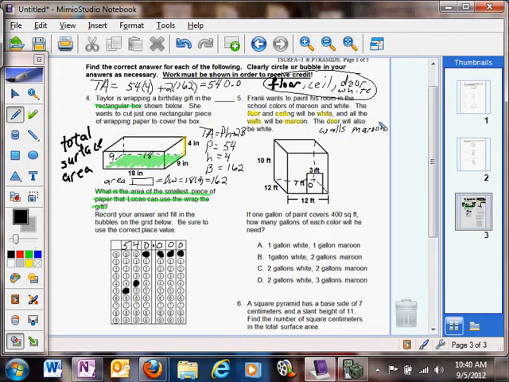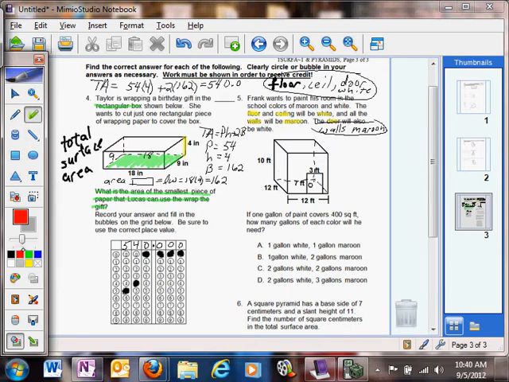If I'm doing the walls red, since I don't have a maroon here, that means this wall on the left side, this wall in the back, this wall on the right, and the wall in the very front will all be maroon.